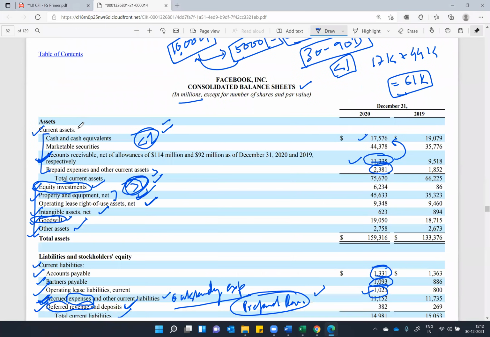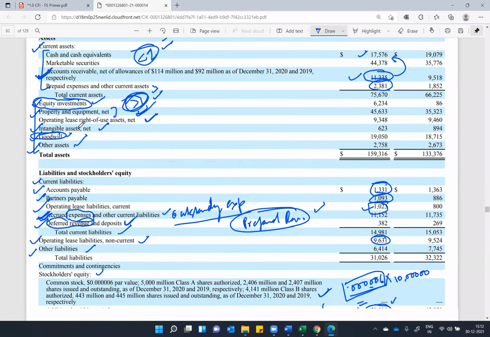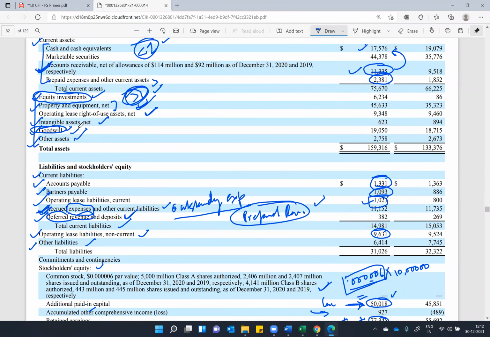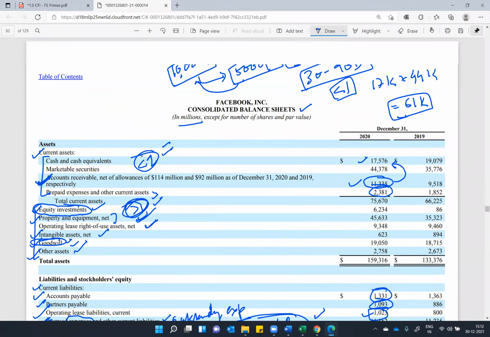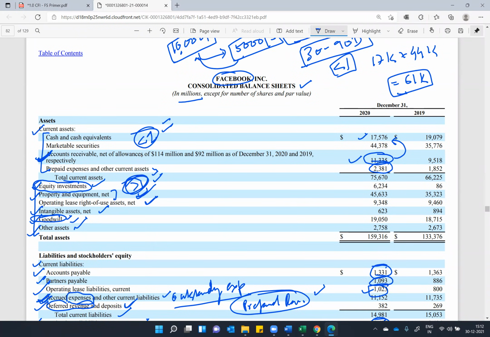So whenever you pay an extra amount for the company that you're acquiring, suppose Facebook acquires, let's say, Google, though it is impossible, but let's say they acquire Google.